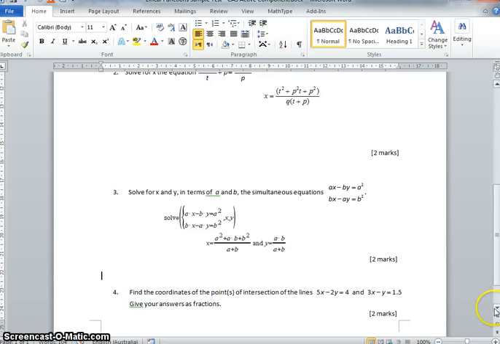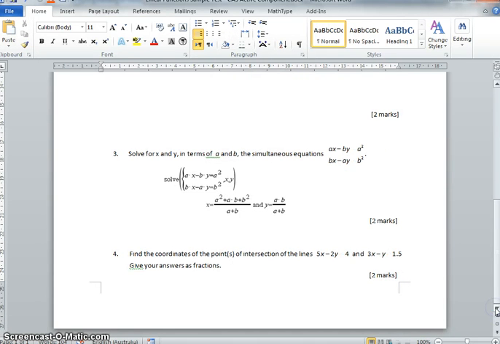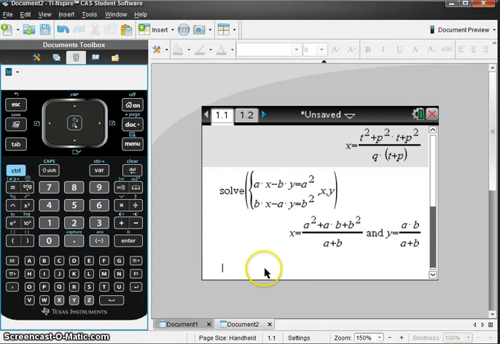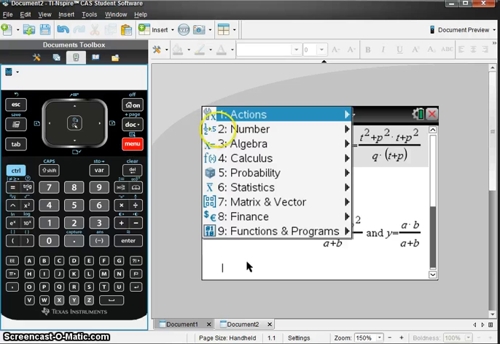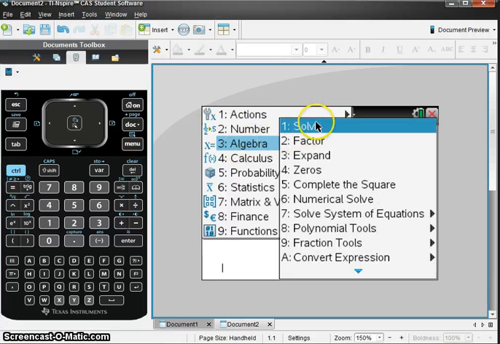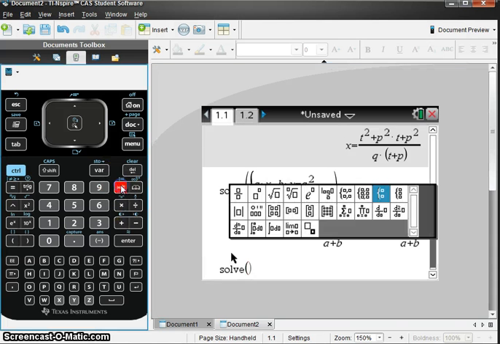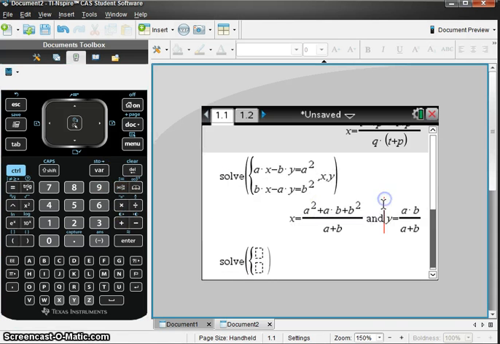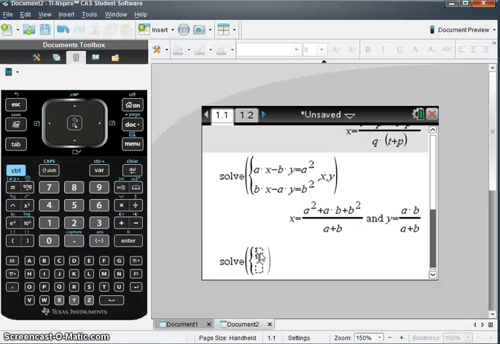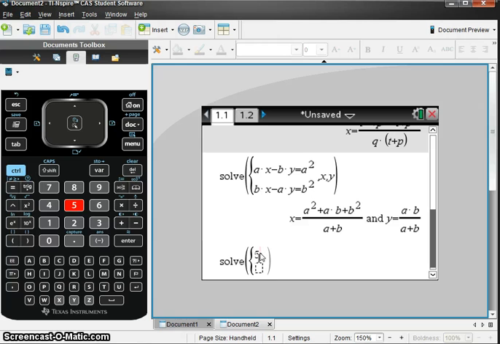So there it is. The next question, the last one, find the coordinates of the point or points of intersection of these two lines. Once again, it's just a case of using CAS to do this. So we just go into Menu, Algebra, Solve, and then we type in the bracket, and then type in the equation 5x minus 2y equals 4.